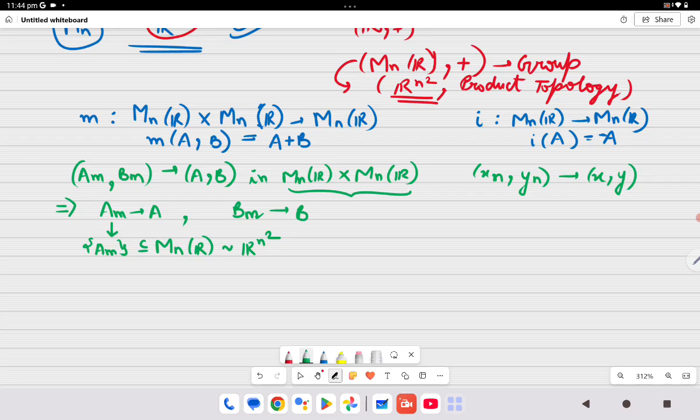Coordinate wise convergence. Yes or no? The convergence is actually coordinate wise convergence. So जाहिर सी बात है कि अगर मैं AM का ijth coordinate देखूं, then it converges to Aij for all i, j lying between 1 and n.